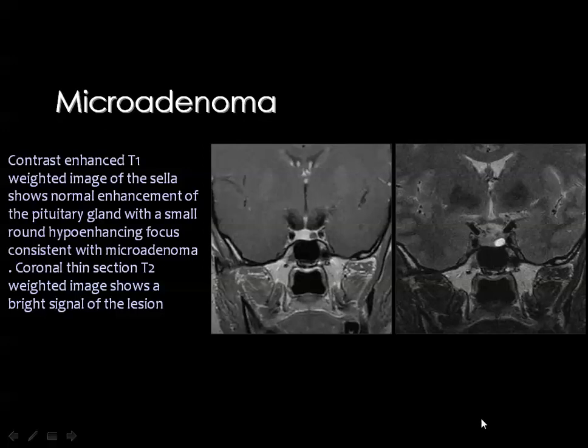But sometimes the adenoma will show intermediate signal on T1 weighted image, not discriminated from the pituitary tissue before contrast injection. And it may show bright signal in the T2 weighted image, but whenever you inject contrast, some of the pituitary adenomas do not show significant enhancement compared to the normal enhancement of the normal pituitary gland.